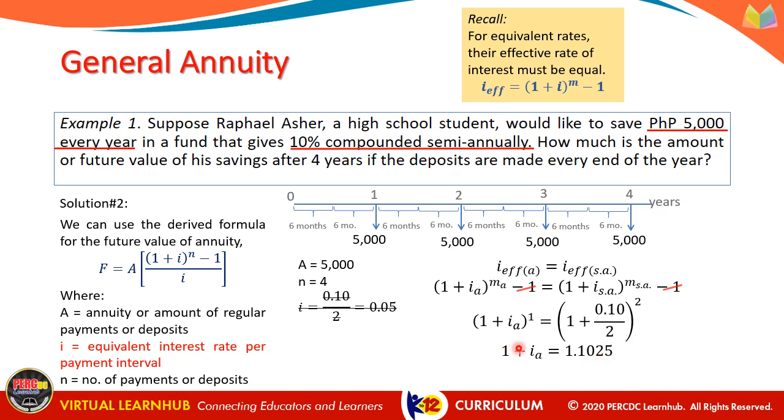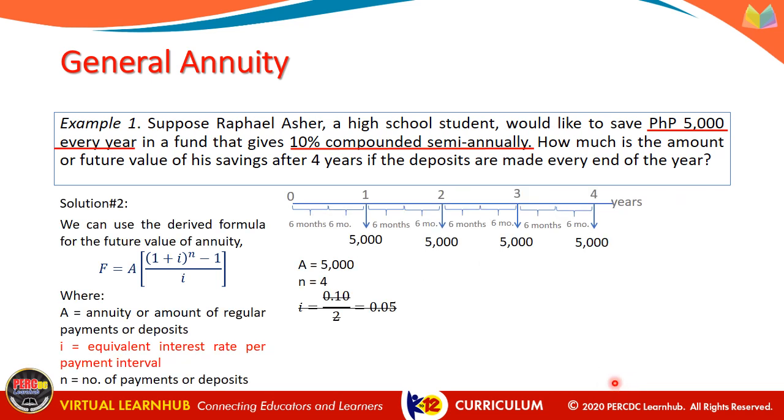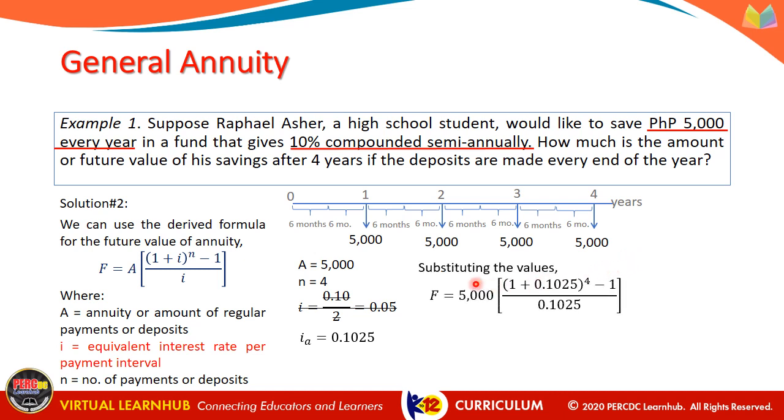Then transposing 1 from the left side to the right side, we will get i sub A is equal to 0.1025. Now that we know that the equivalent annual interest rate is 0.1025, that is equivalent to 10% compounded semi-annually, the next thing to do is to substitute the values to this formula.